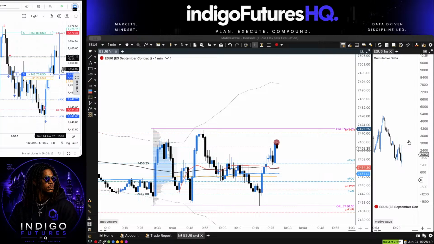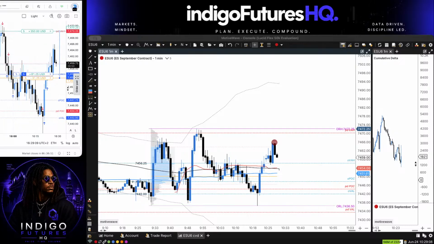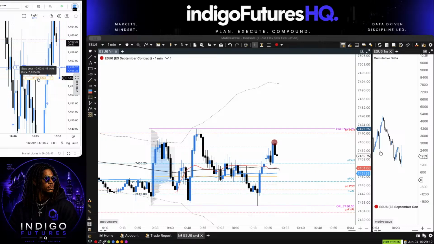This is the difference between a $400 day and a $20 day. Oh no. Doesn't look like we're gonna get it. Grab stop should be right about there. 454, 50.